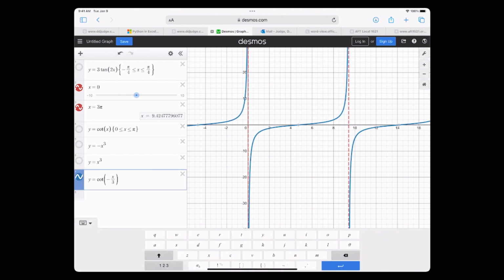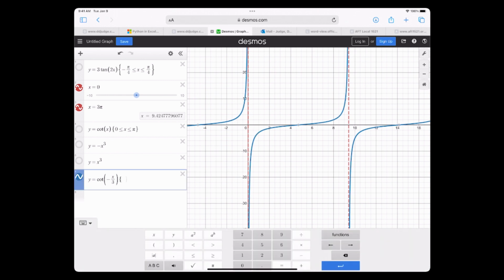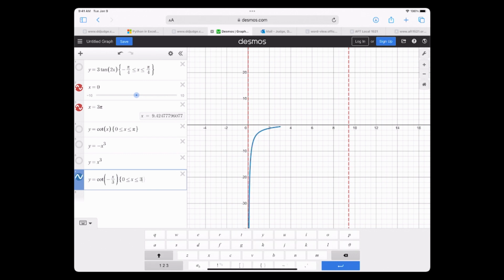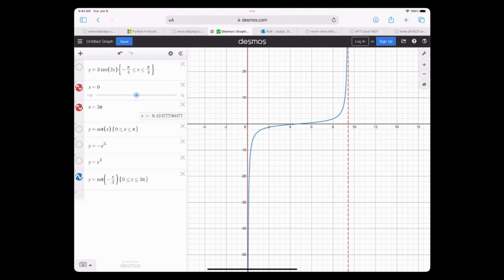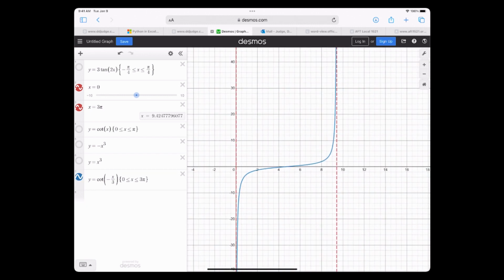We'll restrict the domain. Let's look at x less than or equal to what? Was it 3 pi? I think so. So as you guys can see right here, that's exactly what's going on with that curve. Y equals cotangent of negative x over 3 pulls out that negative sign, and then you can see all the nice information regarding that example.